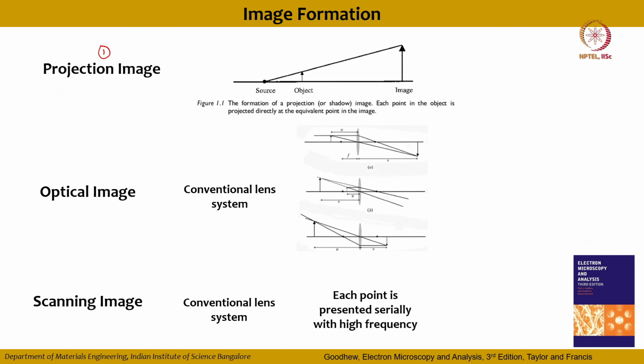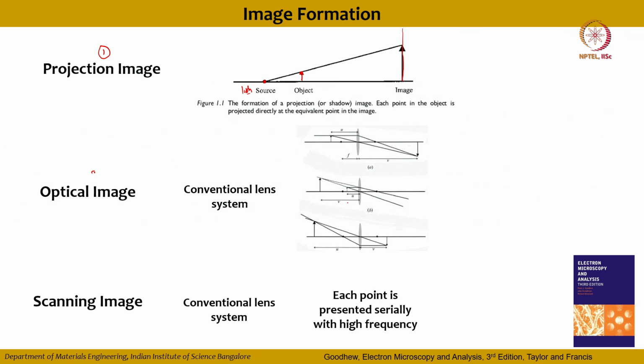Okay, so if you have an object, and a source, and this source is a light source, the light is projected on the object, and at the back you can see the image formation. Okay, so this is a very basic example of projection image. You must have seen the projectors in classrooms or during presentations. Usually they will project your screen onto the wall or onto the projector screen. Okay, so this is the basic form of image formation.